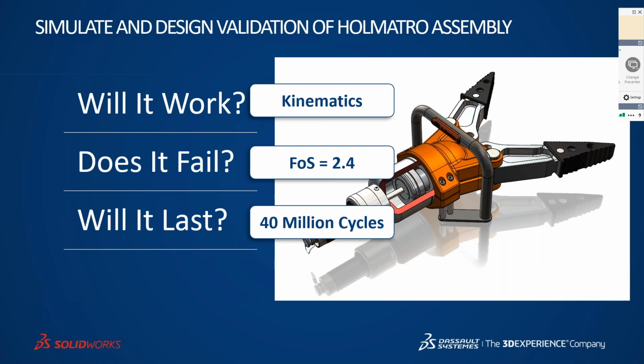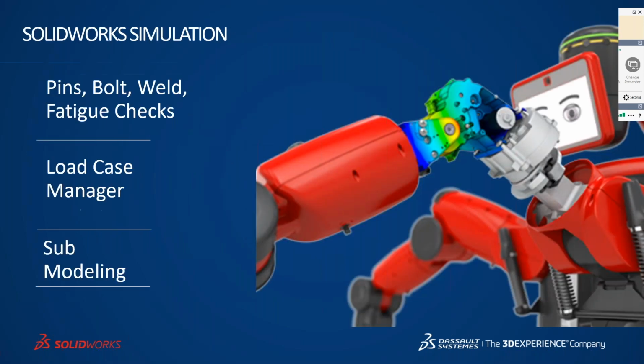For example, you have a clipper or something where in the real scenario you will have pins, bolts, and welds, welded parts, or joints, all these things. But when you're coming to the analysis, you don't have to create any pins like in the real way.